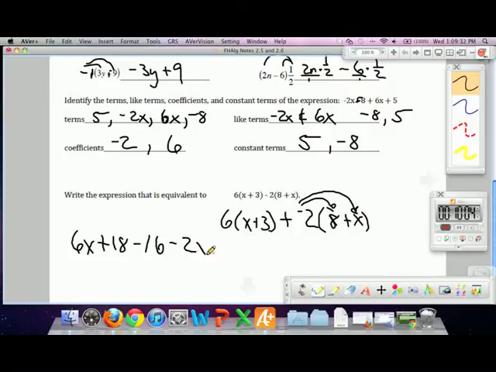And then when we finish this by combining like terms, the terms that are alike are what? 6x and -2x. What do those add up to? 4x. So we got those taken care of. And what do 18 plus -16 add to? Add up to 2.